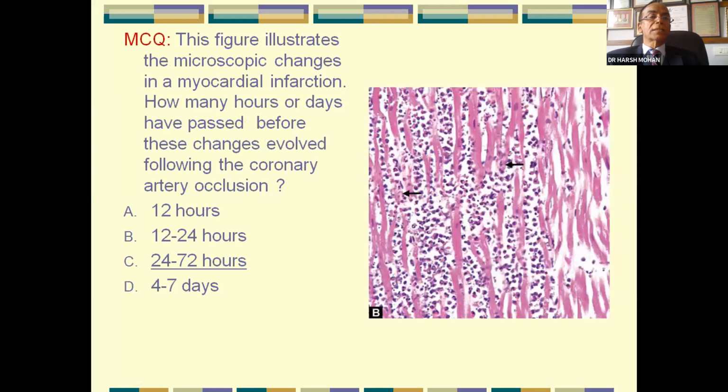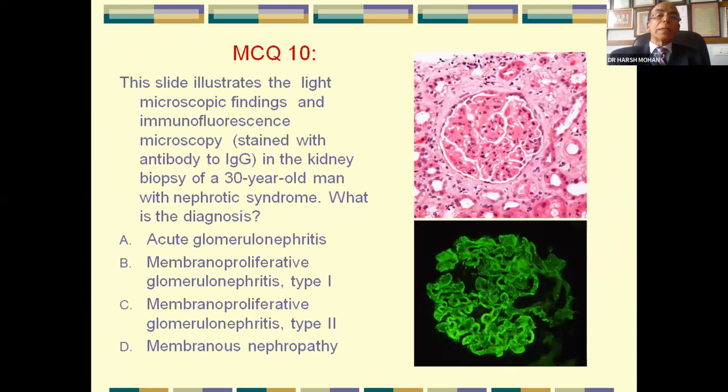The initial period has very few neutrophils, but they dominate in 24 to 72 hours. And after about 3-4 days, the neutrophils start dying, and then they are replaced by macrophages dominating, and proliferation of the fibroblasts as well. So 24 to 72 hours would be the option here.